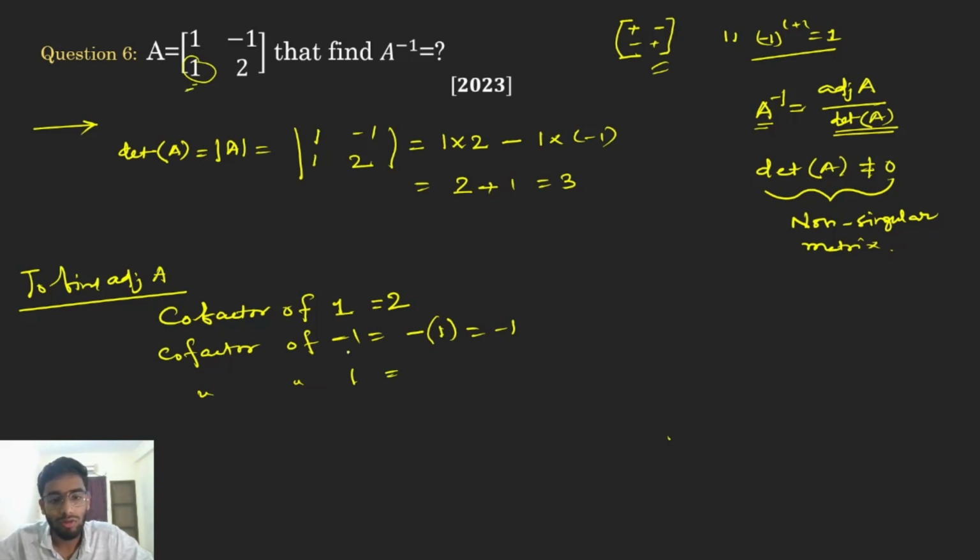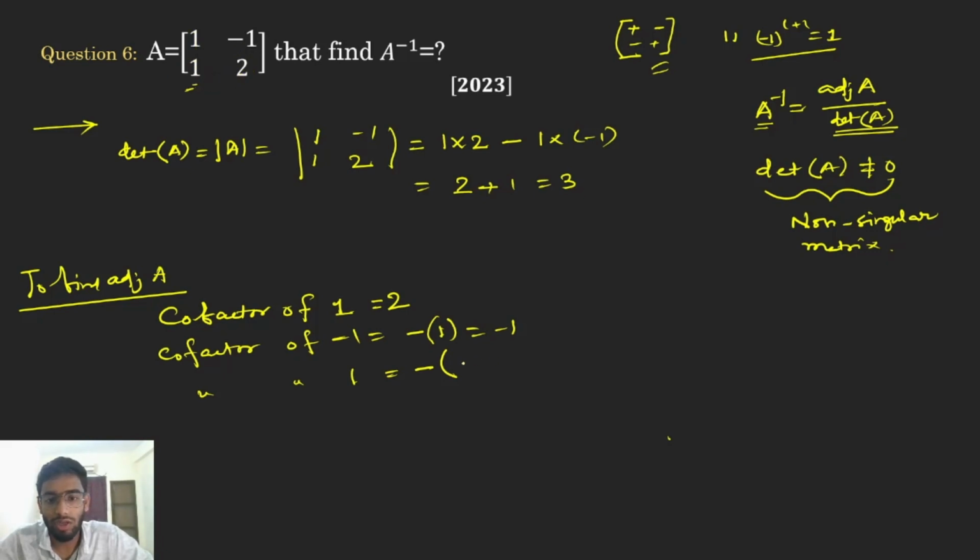We can write it also in that way, by position. For this one, it will be a negative symbol, minus of the corresponding row and column cancelled, we are getting only minus 1.